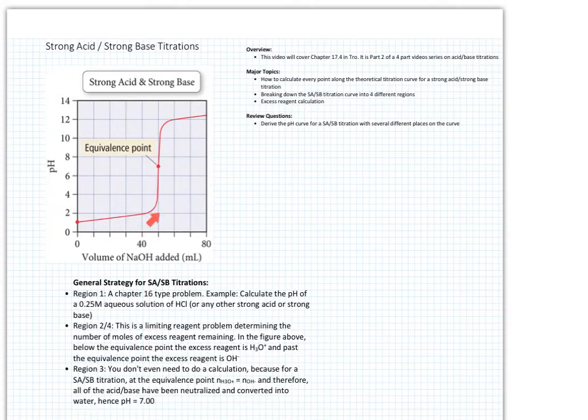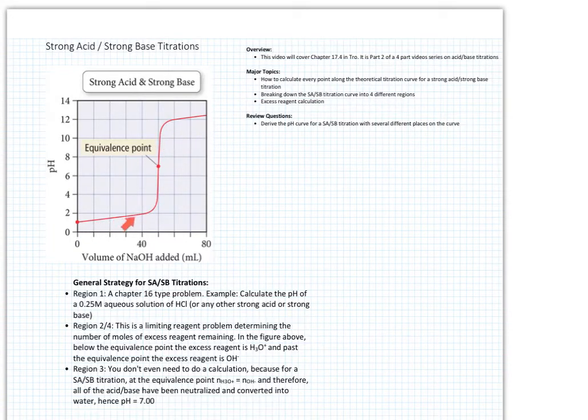Last video, we were able to identify the general shape of a strong acid, strong base curve. And I'm just going to say strong acid, strong base from here on out, assuming that the ideas are exactly the same in the other case. Remember, you have a curve where you have a really steep part right near the equivalence point, and it's relatively flat on the ends.